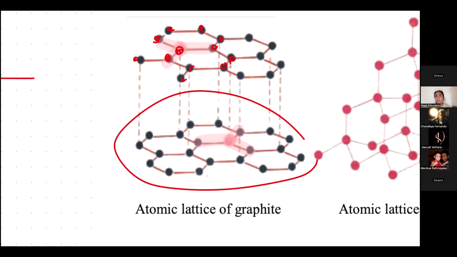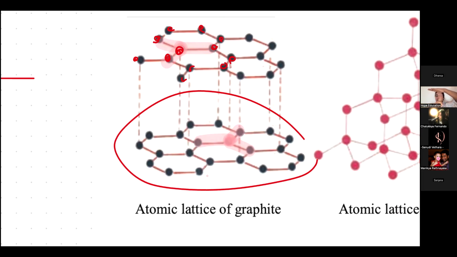Negative always repels. So in this carbon atom layer, every carbon atom has one electron on its own. So there are free electrons. So these two layers cannot come closer to each other. Why? Because every carbon atom has one free electron remaining.